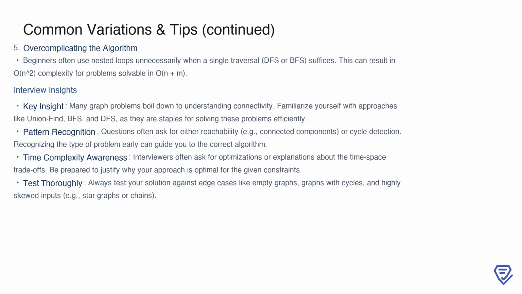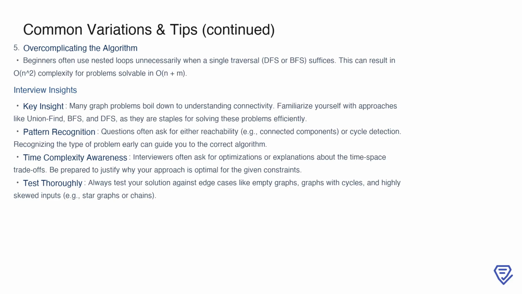Now, from an interview perspective, one key insight is that many graph problems are fundamentally about understanding connectivity. Familiarizing yourself with algorithms like Union-Find, BFS, and DFS is invaluable, as they are core techniques for solving such problems efficiently. Another important skill is pattern recognition. Many questions revolve around reachability or cycle detection.